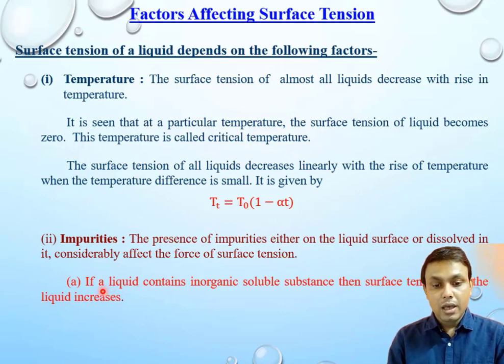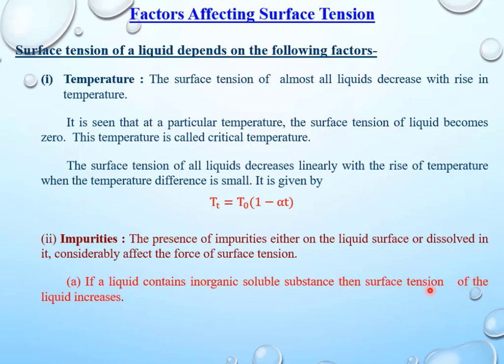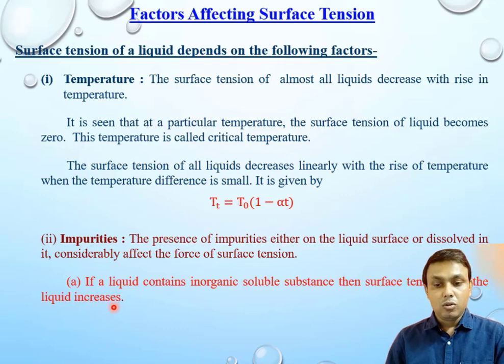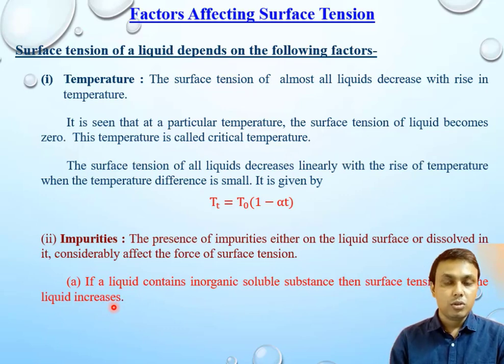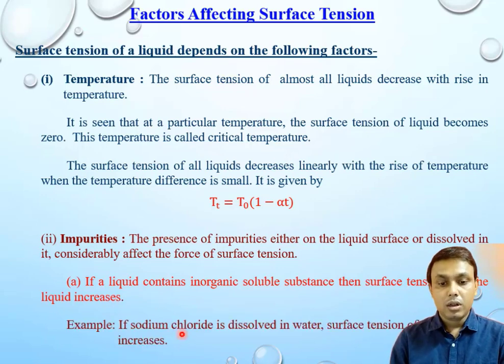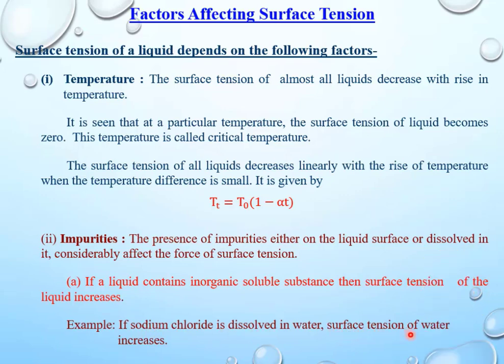Number 1. If a liquid contains inorganic soluble substance, then the surface tension of the liquid increases. That is, if any inorganic substance is dissolved in a liquid, its surface tension increases. For example, if sodium chloride is dissolved in water, the surface tension of water increases.